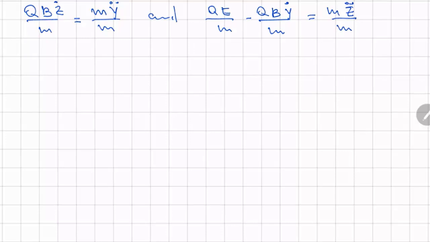So now we are gonna eliminate m on both equations like this. This one eliminates this one, and this one eliminates this one as well. Okay guys, and when we do that, we can write the equations like this.